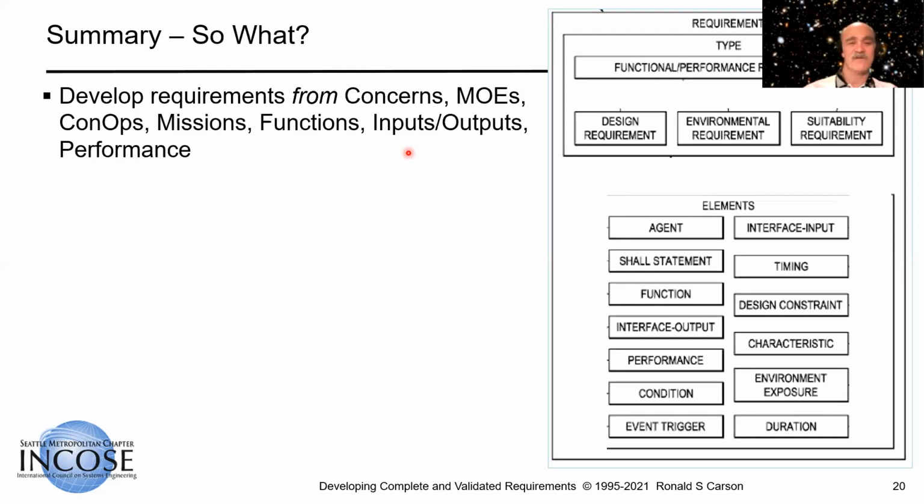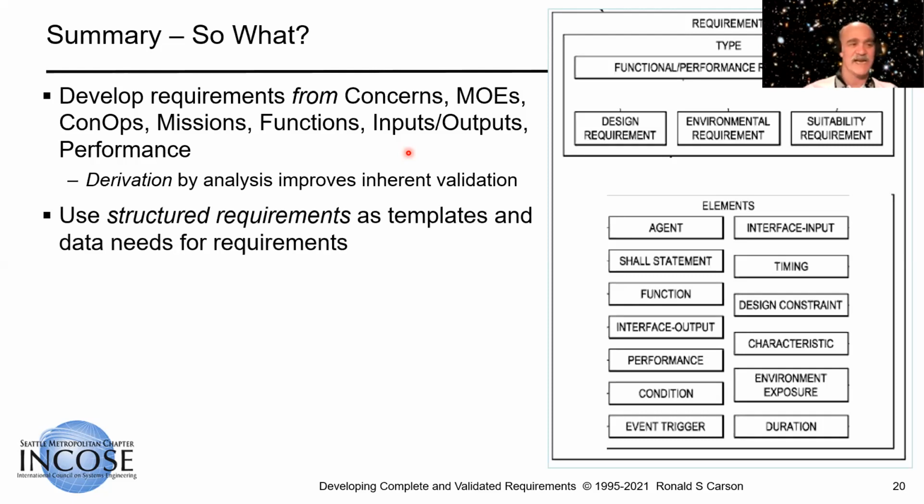When we have all those things, then we have the data that enables us to write requirements, but we derive the requirements by analysis, and that inherently gives us valid requirements, or at least more valid than if we didn't derive the content from analysis.